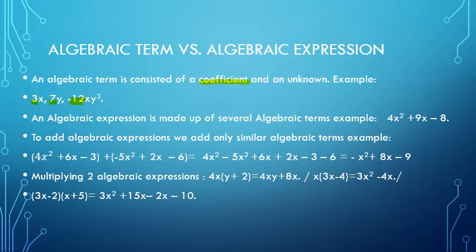The second part of the algebraic term is the unknown. So an algebraic term is made up of a coefficient and an unknown, and so x is the unknown, y is the second unknown, and xy cubed is the unknown of the third example.